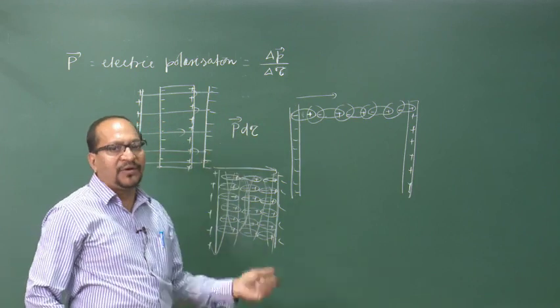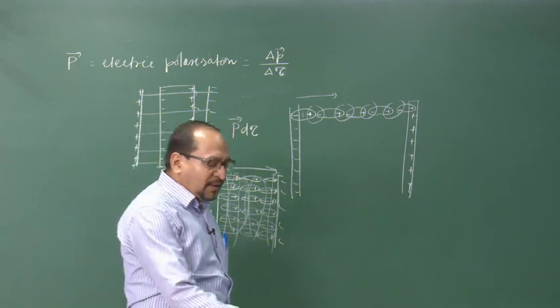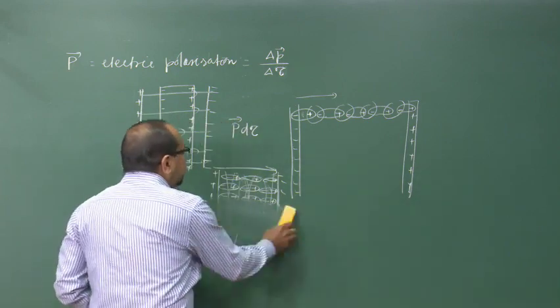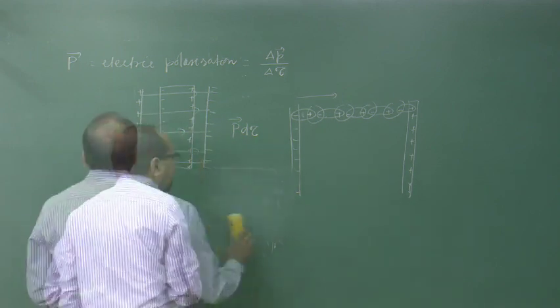So, in the volume d tau, the total dipole moment is P into d tau. Okay. Now, let us calculate the potential due to a polarized dielectric material.